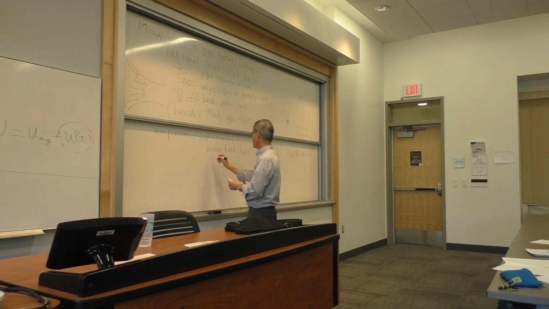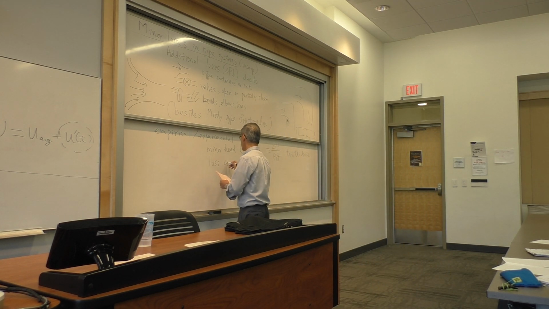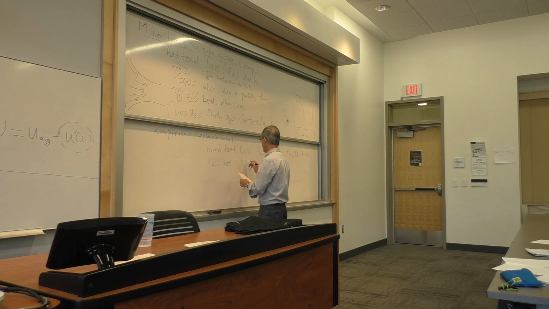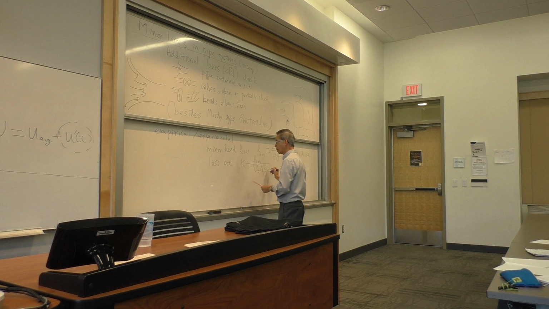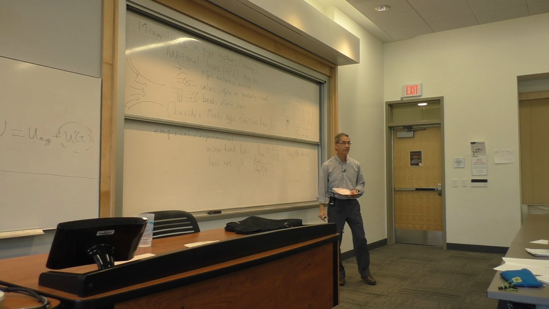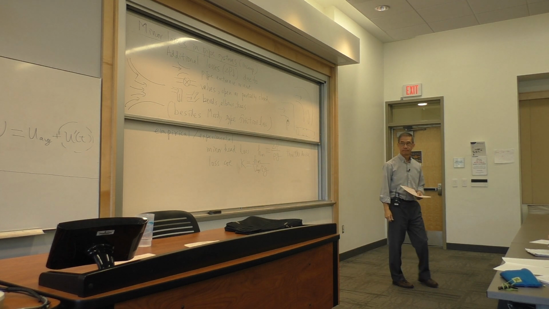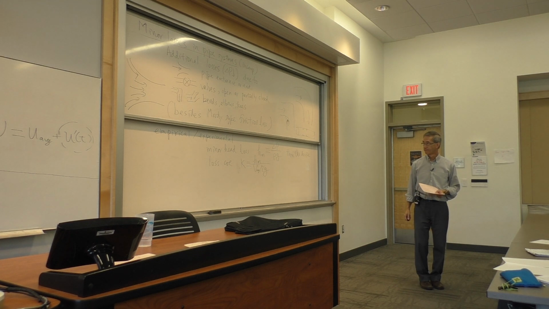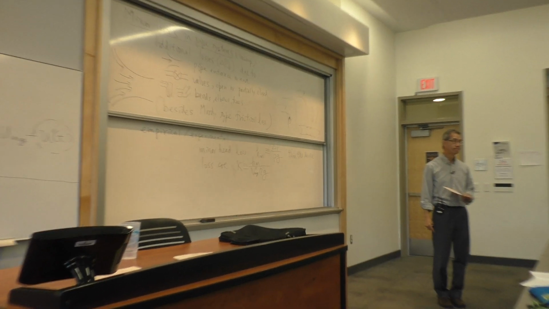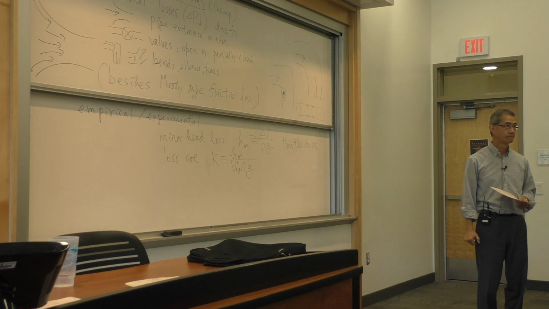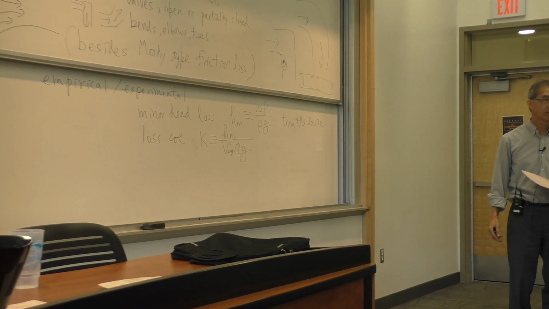And upon that, I can generate a dimensionless, no unit parameter called a loss coefficient, K. It's no unit. Can you see that it's no unit? Length divided by V squared divided by gravity.